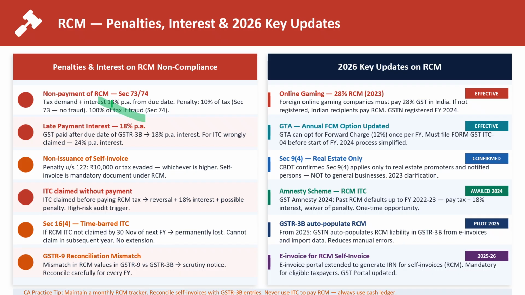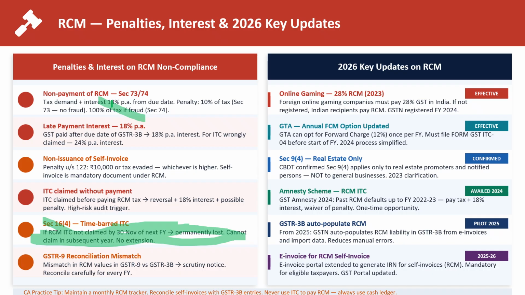Non-issue of self-invoice, 10,000, or tax evaded or ITC claimed without payment, again it would be 18%. And time-barred ITC is permanently lost. If you are not able to claim this input tax credit by the next 30th November, you will not be able to get that credit in future. This is permanently lost, so you can't claim in the subsequent year.